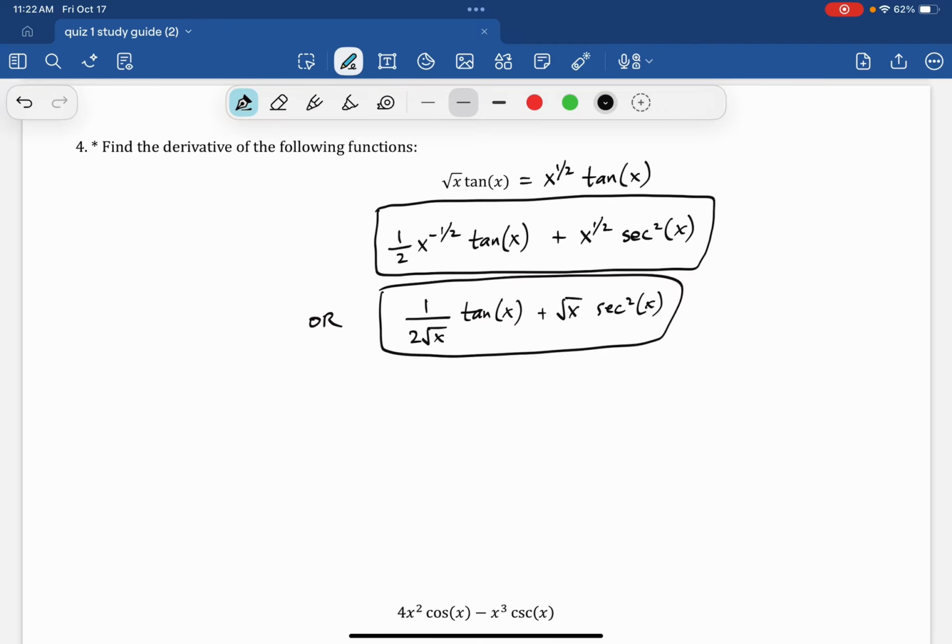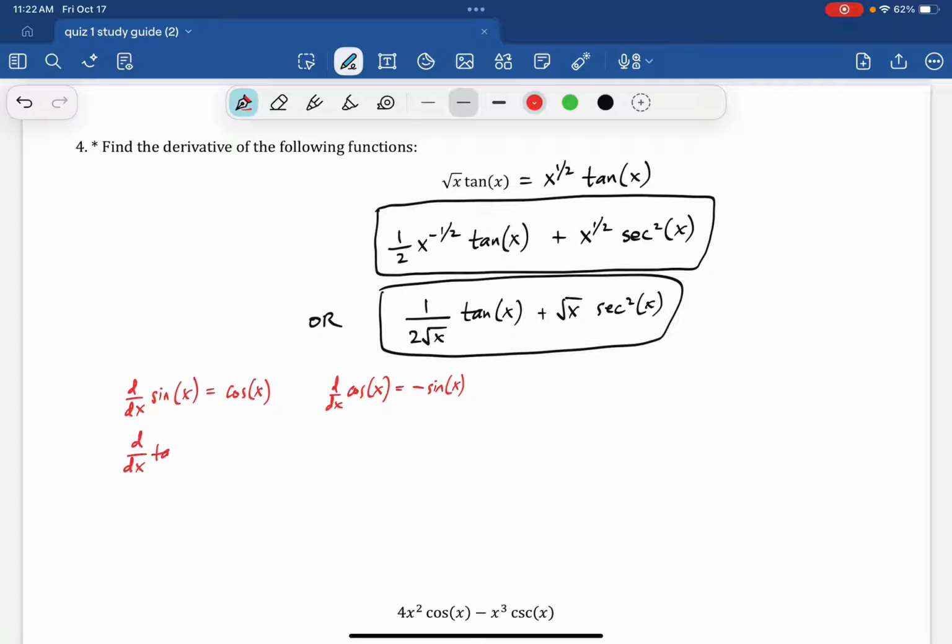So remember, you're going to need to have the derivatives of all the trig functions memorized. Just to recap, derivative of sine x is cosine x. Derivative of cosine x, let's write cosine on the right side. You'll see why. Derivative of cosine x is minus sine x.